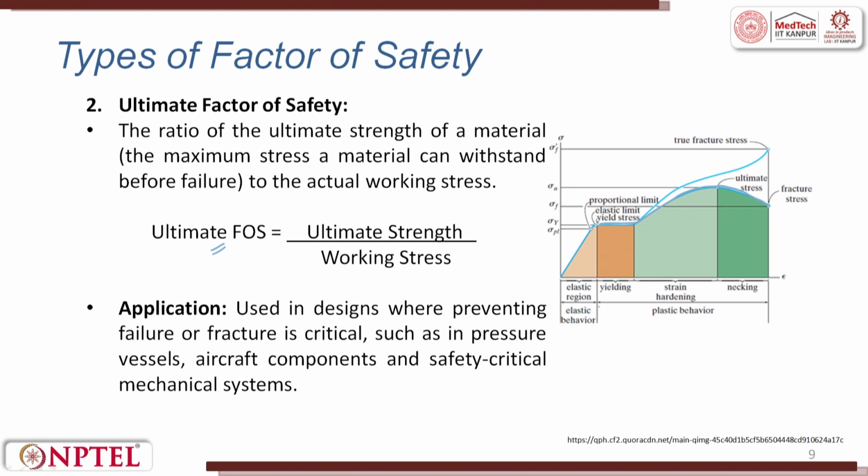So, elastic region, yield region, strain hardening region, necking region. The plastic deformation happens here. So, ultimate is here. The ultimate strength divided by working stress is called ultimate FOS. It is used in design where preventing failure or fracture is critical, such as pressure vessels, aircraft components and safety critical mechanical systems. So, here we keep the design made up to here, ultimate strength, right.